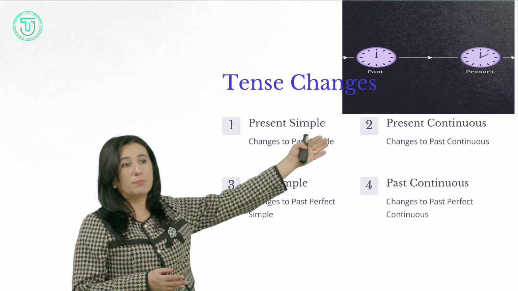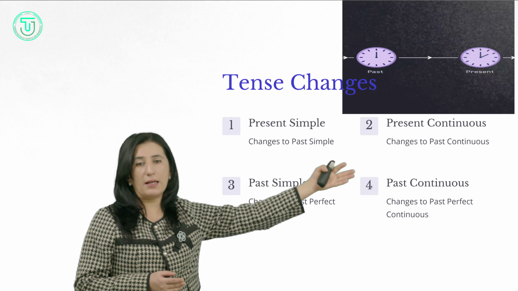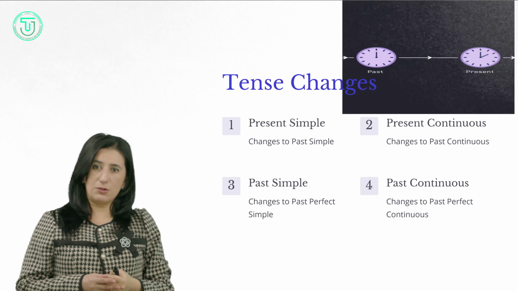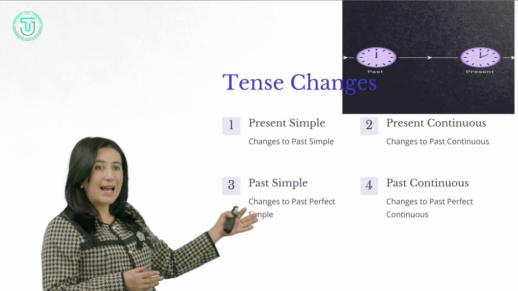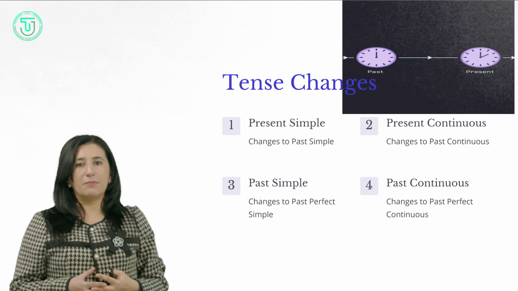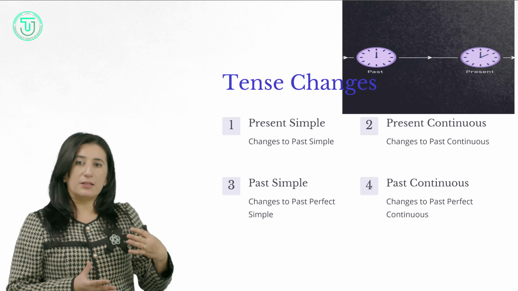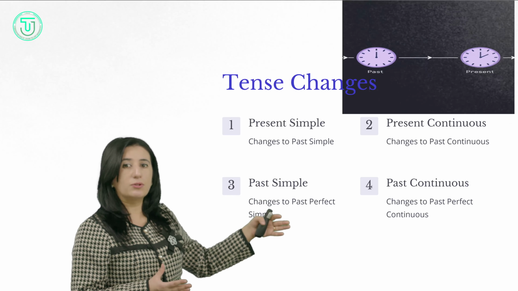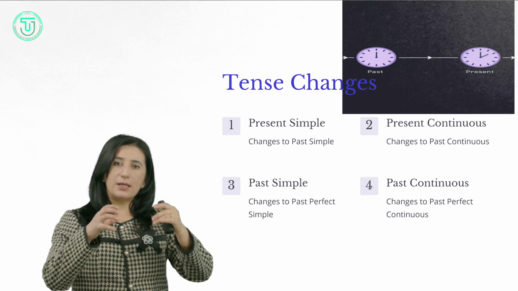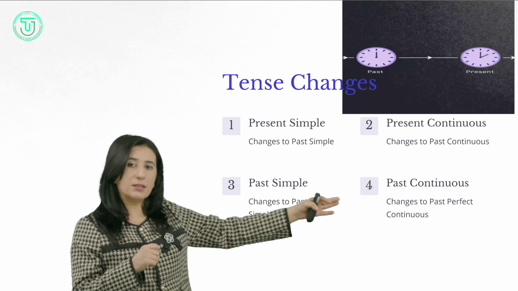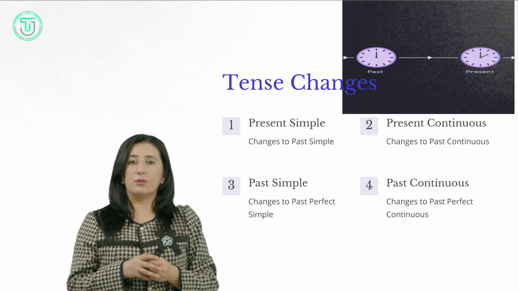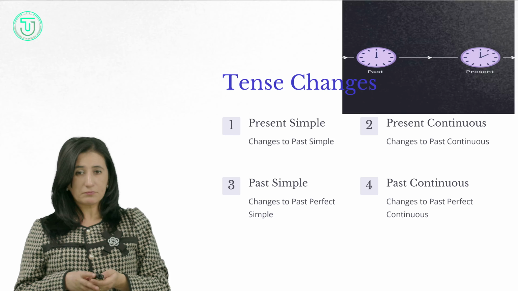If it is present continuous, it automatically goes to past continuous. If the statement is already in the past tense, it goes to the past perfect, one tense down, and the past continuous automatically goes to the past perfect continuous.